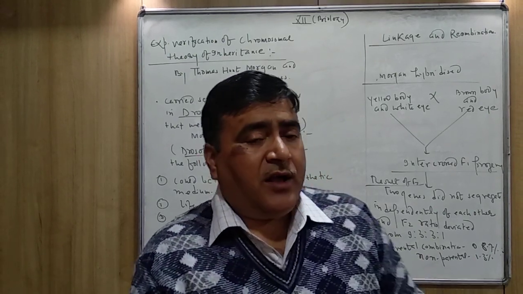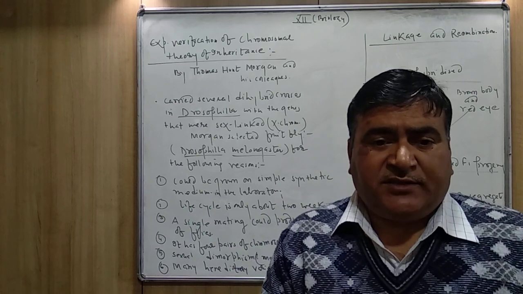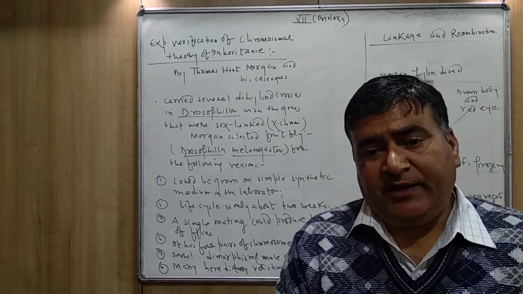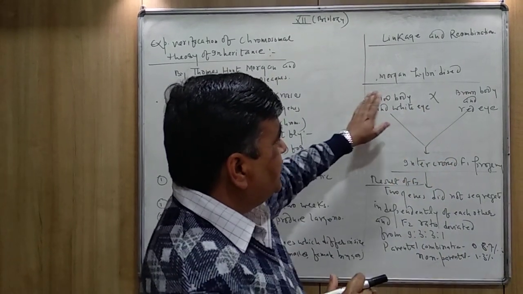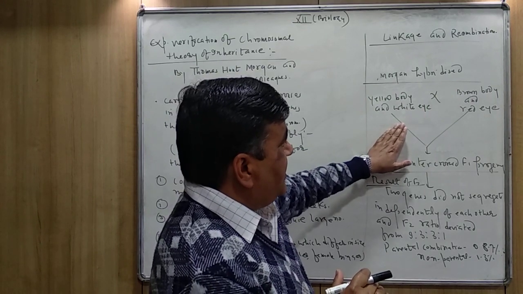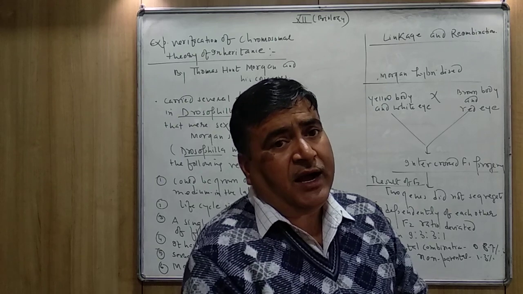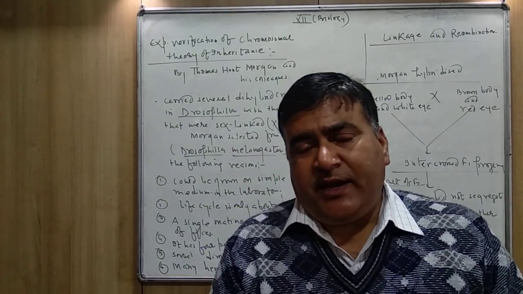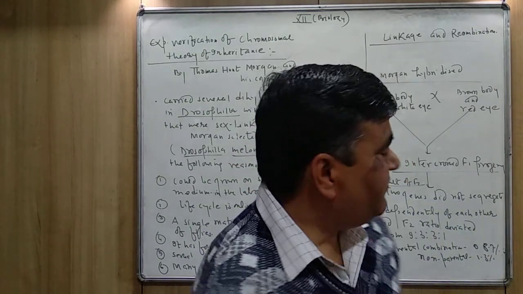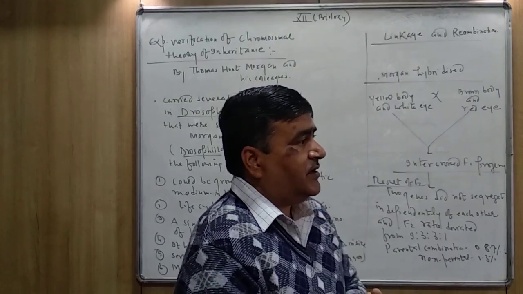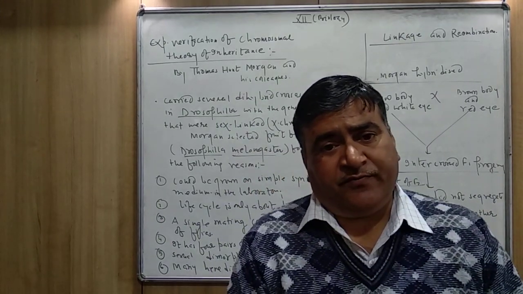In the dihybrid cross he obtained the F1 progeny. Again, in the intercross of the F1 progeny, he obtained the F2 ratio.